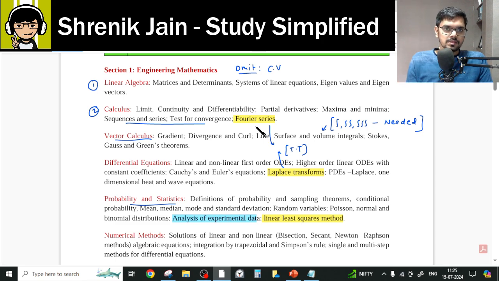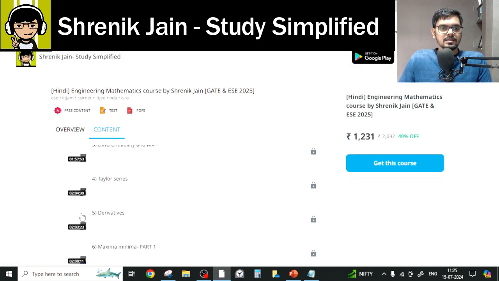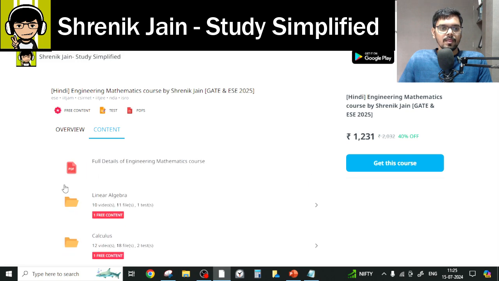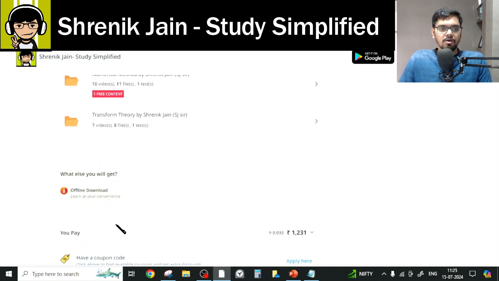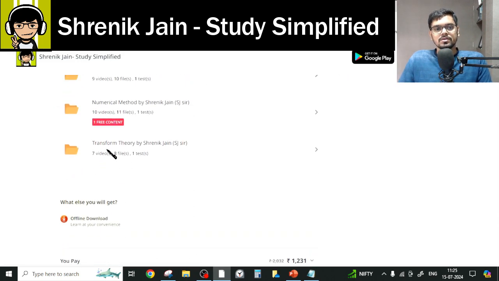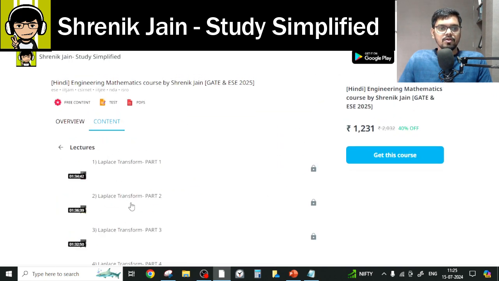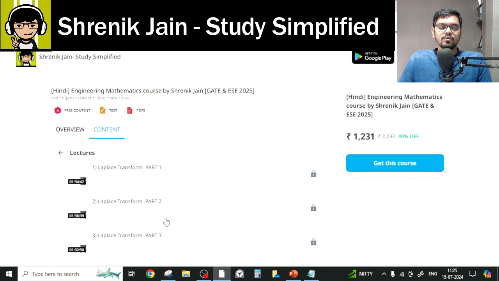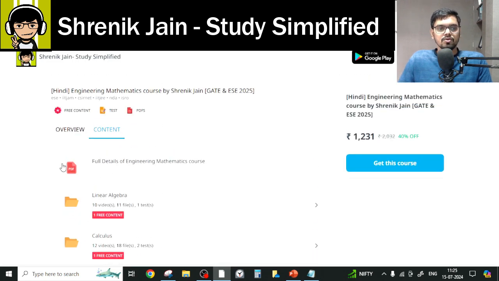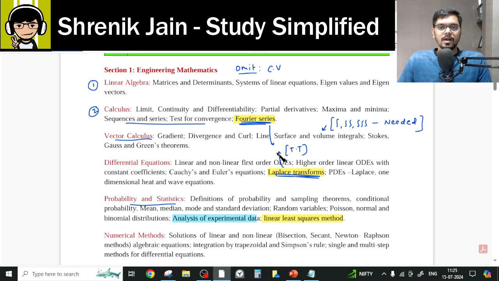Fourier series and Laplace transform are part of the transform theory chapter. If you go to the transform theory folder, you will get the topics of Laplace transform and Fourier series there. They are not present in the calculus folder because they are part of transform theory.